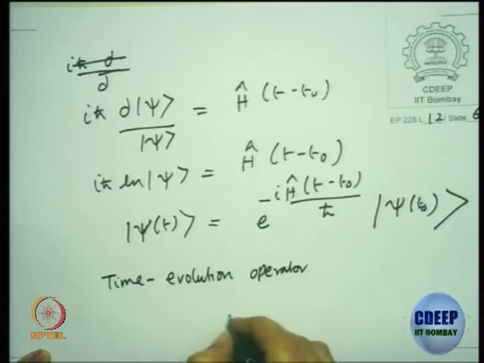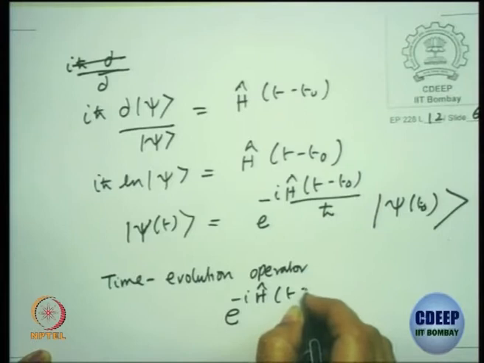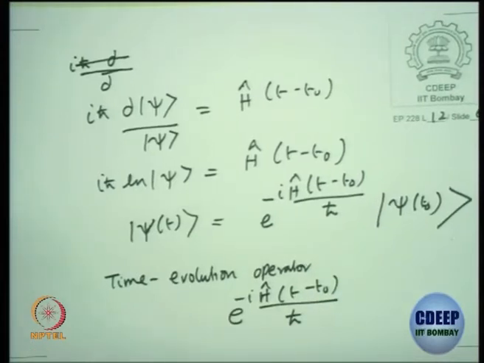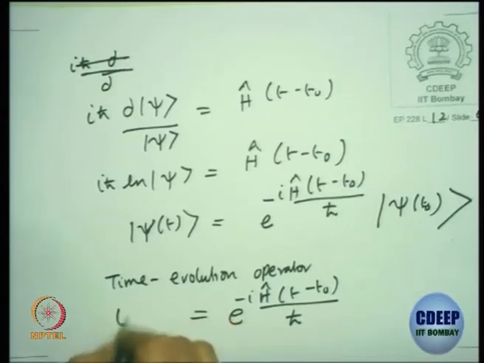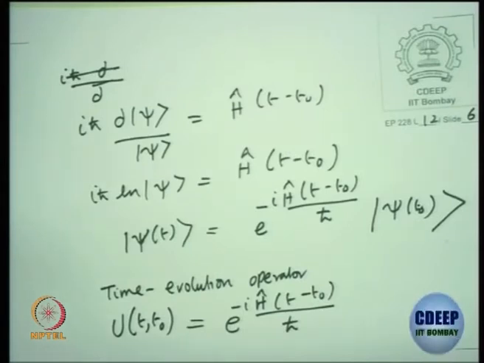What are the properties of it? So, let me call this also the time evolution operator. Formally people write it as U of t comma t naught. So, what are the properties? U of t naught comma t naught is the identity operator, and you can also see some more other properties. If you go from t naught to t, this is the operator.